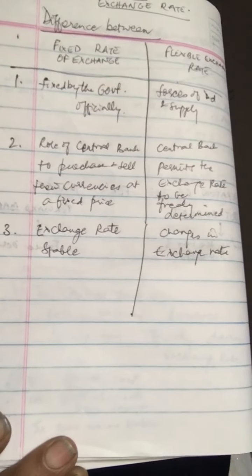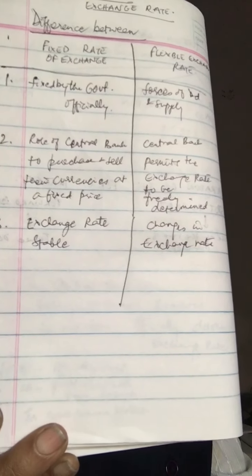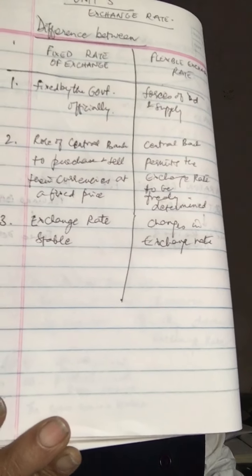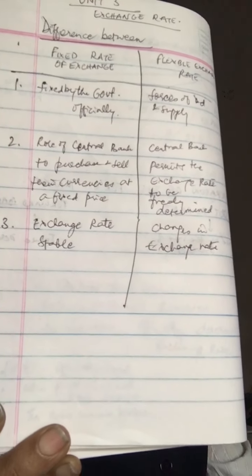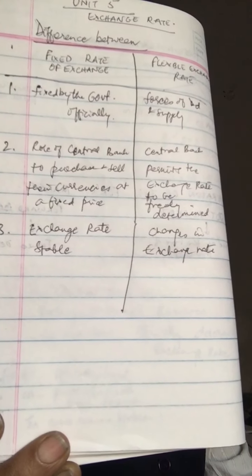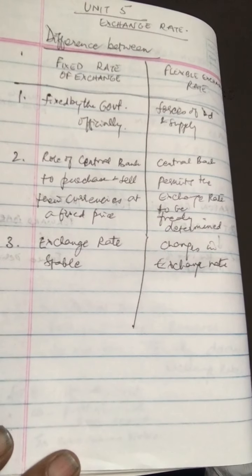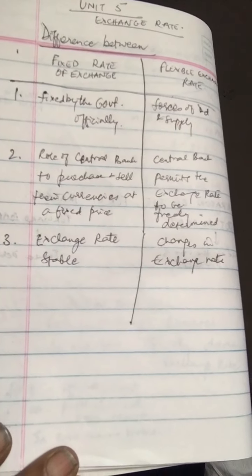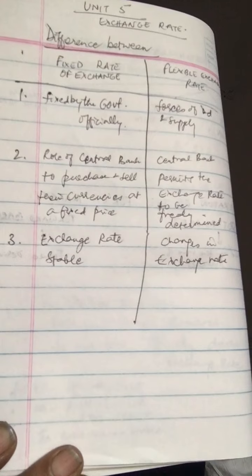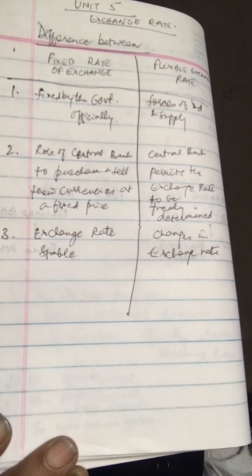So talking about flexible exchange rate, what are the merits? If you think about the demerits of fixed exchange rate, then you can talk about the merits here. So no government control. Flexible exchange rate removes the pressures on government to intervene in international trade and balance of payment. So deficit or surplus in balance of payment is automatically corrected. Flexible exchange rate frees the government to use its policies. Then it is an automatic process. Flexible exchange rate implies a continuous process of adjustment.